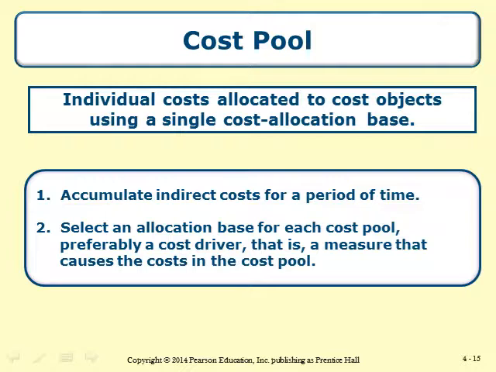We measure the units of the cost allocation base used for each cost objective and compute the total units used for all cost objectives. We determine the percentage of total cost allocation base units used for each cost objective, and then we multiply the percentage by the total cost in the cost pool to determine the cost allocated to each cost objective.